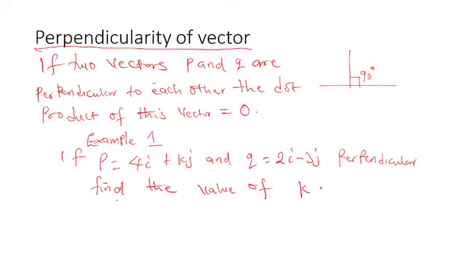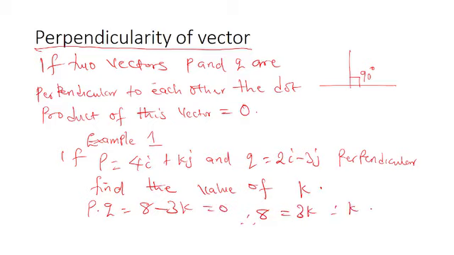So we have P dot Q to be equals 4 times 2, we have 8, minus 3k, is equals 0. So with this, we now have 8 to be equal to 3k.